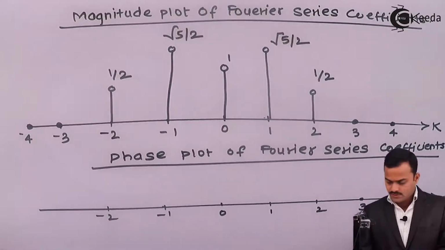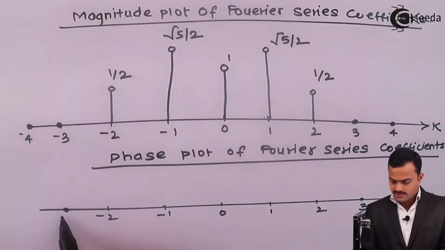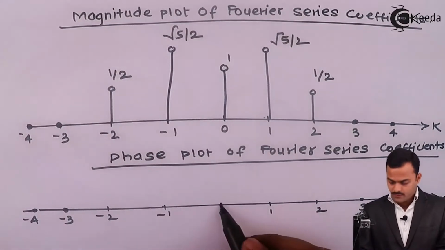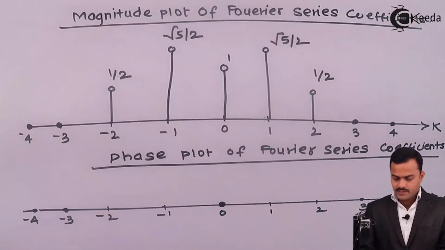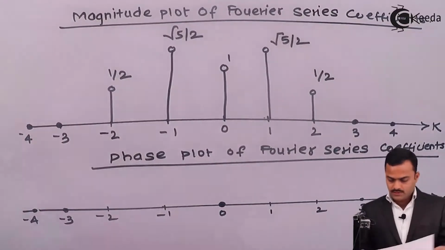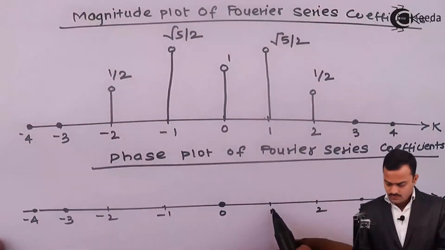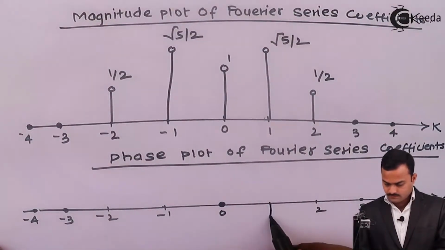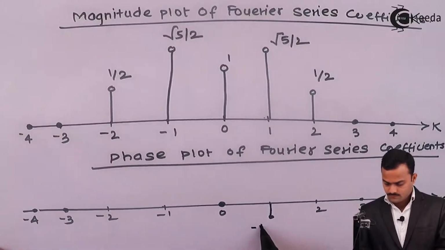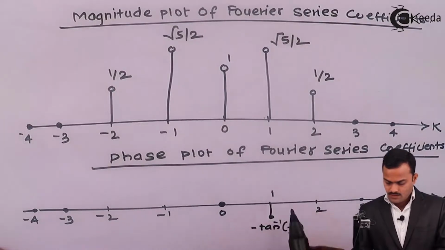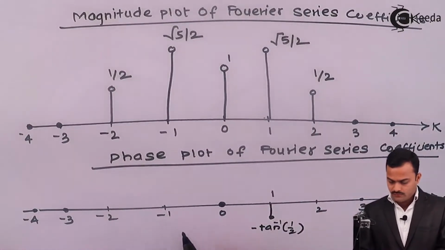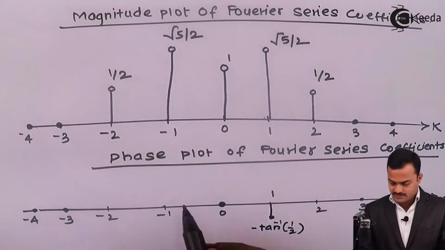For 3 onwards, it is 0 because no signal exists. For k equal to 0, the phase we have obtained is 0. For k equal to 1, we obtained a phase as minus tan inverse 1/2. So it will be like this. And for k equal to -1, we obtain the same value but with a positive sign.